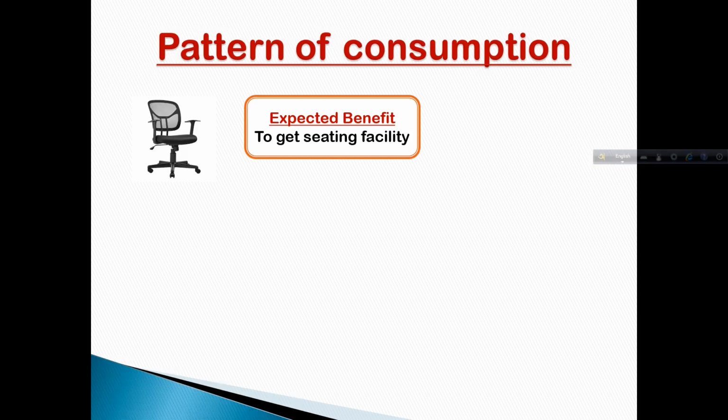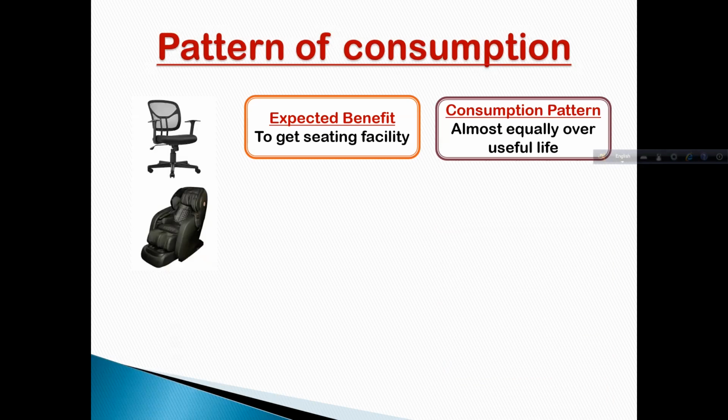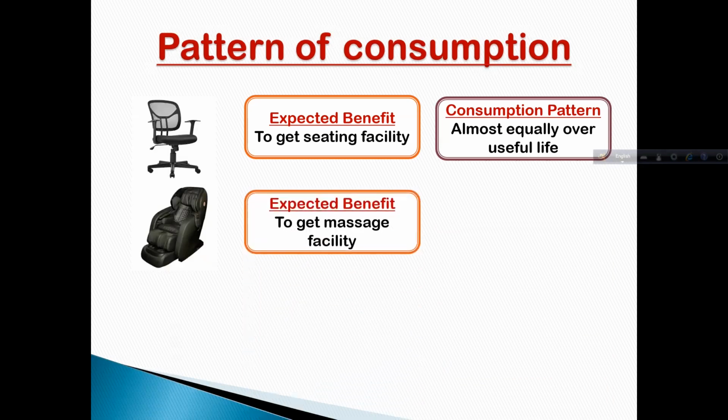Let's see another chair, a massage chair. You have purchased a massage chair. For what reason? The intended use was to get some comfort from the chair, I mean, massage facilities. So the benefit you will get from this chair is the massaging benefit.